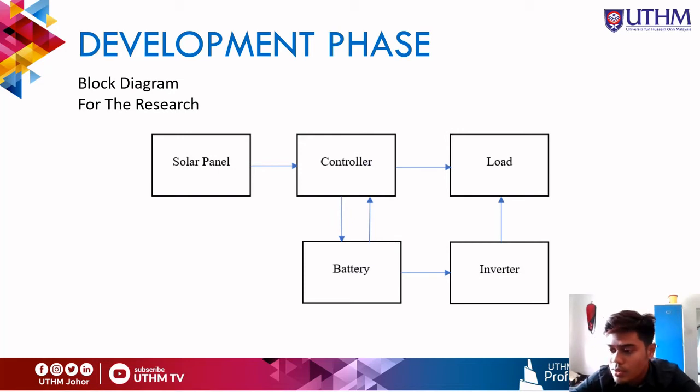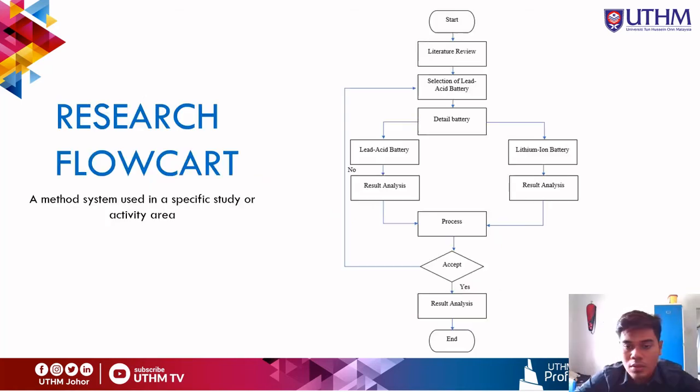And it only operates when the SOC reaches the extreme ends. There are 2 options of the output, which is AC and DC output. The DC output comes directly from the solar charge controller to the load, while the AC output comes from the inverter.